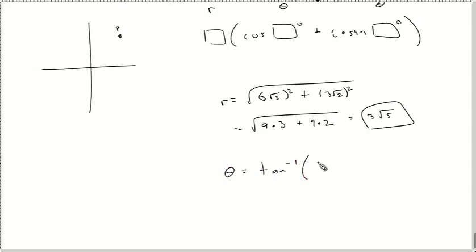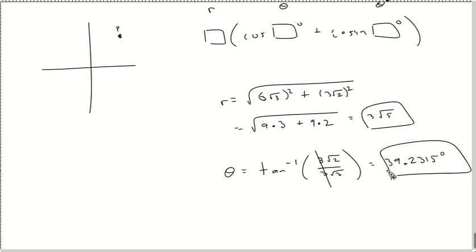So arctangent of 3 square root of 2 divided by 3 square root of 3. They cancel. What happens is this is 39.2315 degrees. Round to whatever decimal places they want.